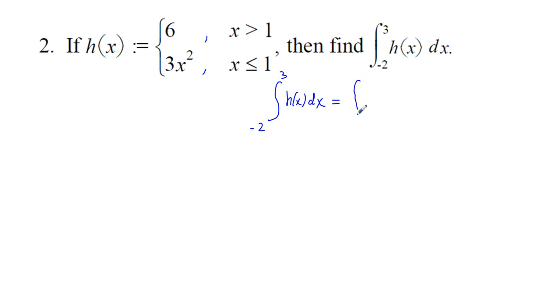So we split h of x into negative 2 to 1, where we use the piece for x less than or equal to 1, which is 3x squared dx, plus the integral from 1 to 3 of 6 dx.